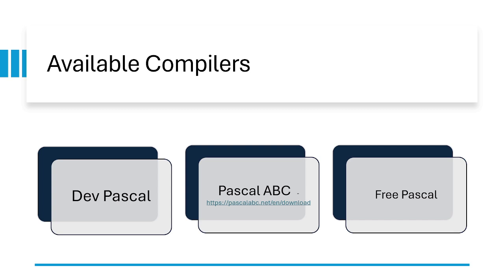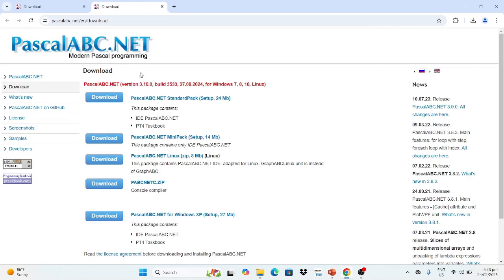So I'm going to walk you through the steps of installing a Pascal compiler. If we go to PASCAL ABC, if you click on the link, let's see where it takes us. So it takes us to the download page for the Pascal compiler. We just hit download here via this button and we would get the compiler.